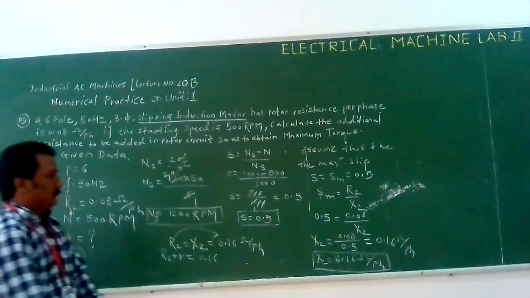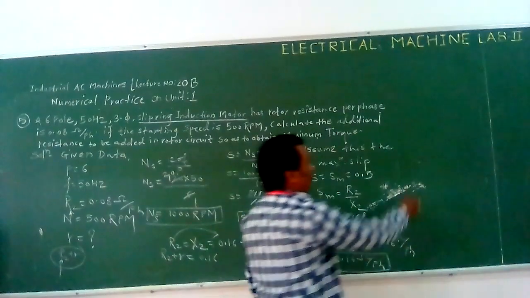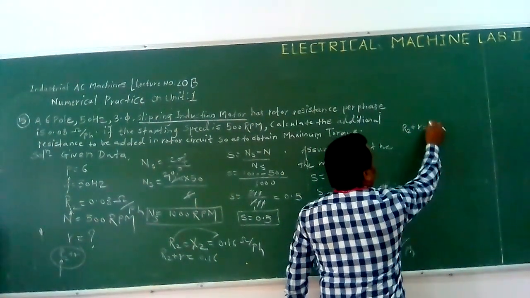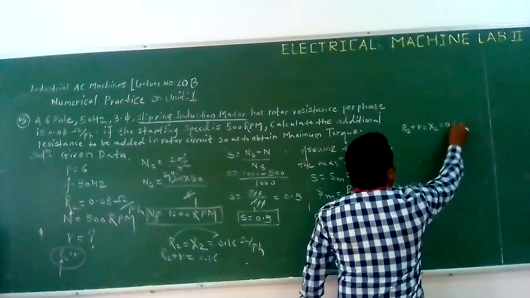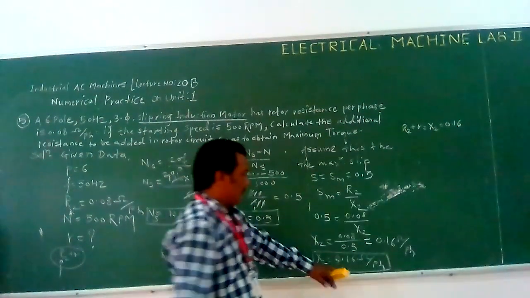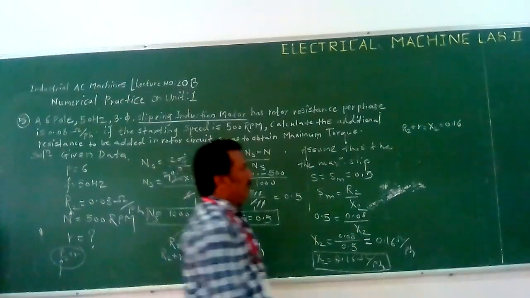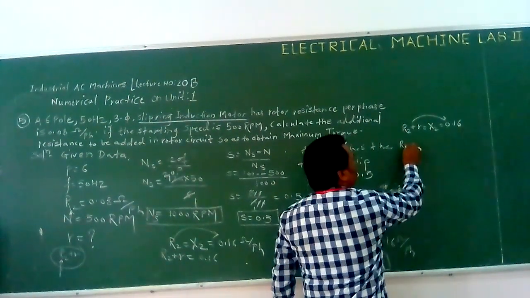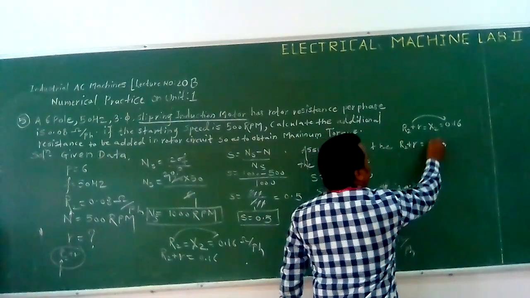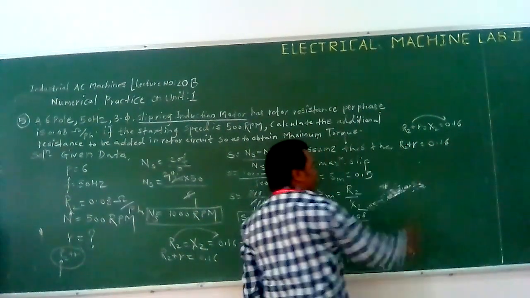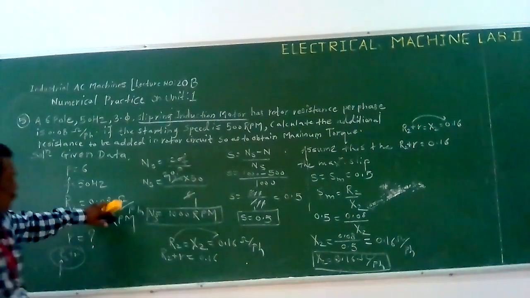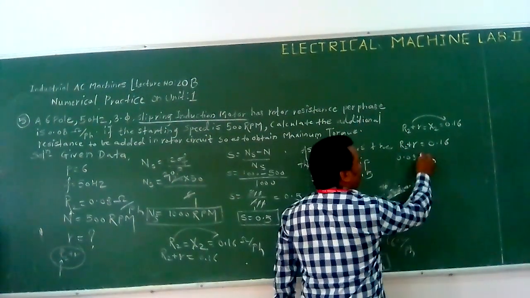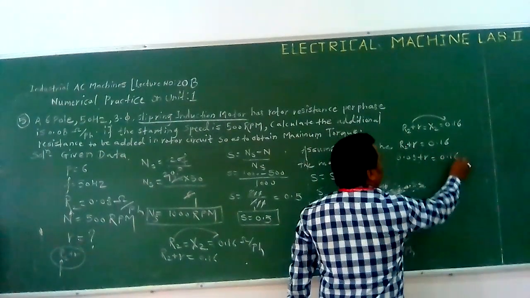We know that R2 plus R is equal to X2, which is 0.16. Rotor reactance is calculated here. R2 is given as 0.08, so 0.08 plus R is equal to 0.16.